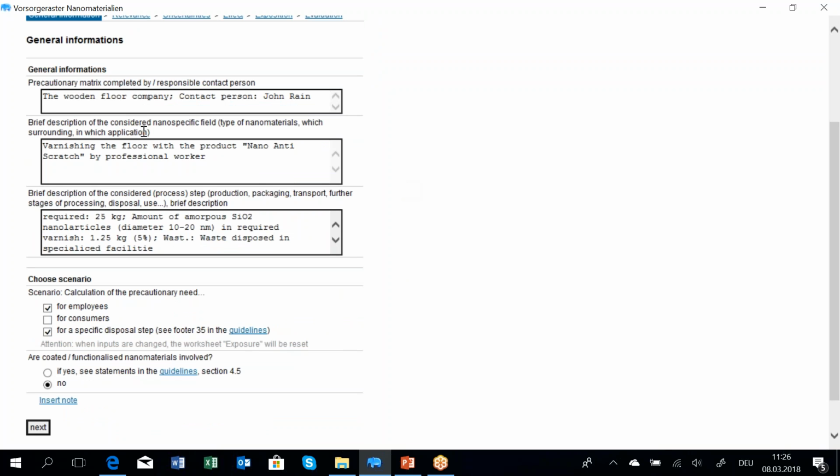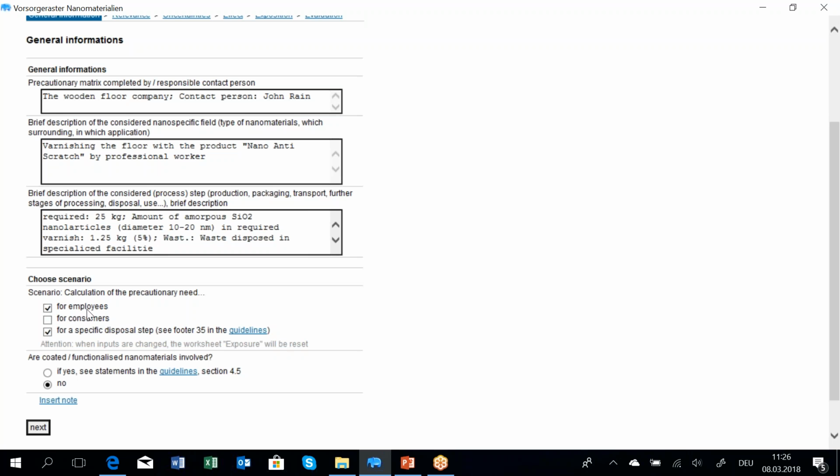Then we will give a brief description of the considered nanospecific field, which is varnishing the floor with the product nano anti-scratch by professional worker, and a brief description of the considered process step, which means in our example that the amount of amorphous silicium dioxide nanoparticles in this varnish would be 1.25 kilogram. And we will dispose our waste in specialized facilities.